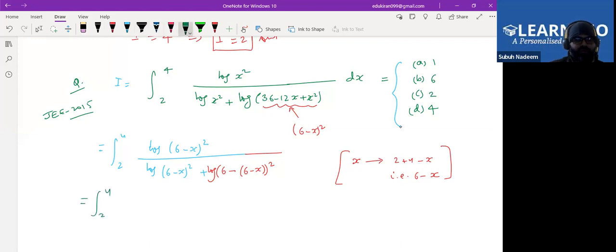So it is 2 to 4 of log of 6 minus x whole square by log of 6 minus x whole square plus log of x square, since the 6 and 6 will cancel. Now this is also I. Now just add them up and see what you get.